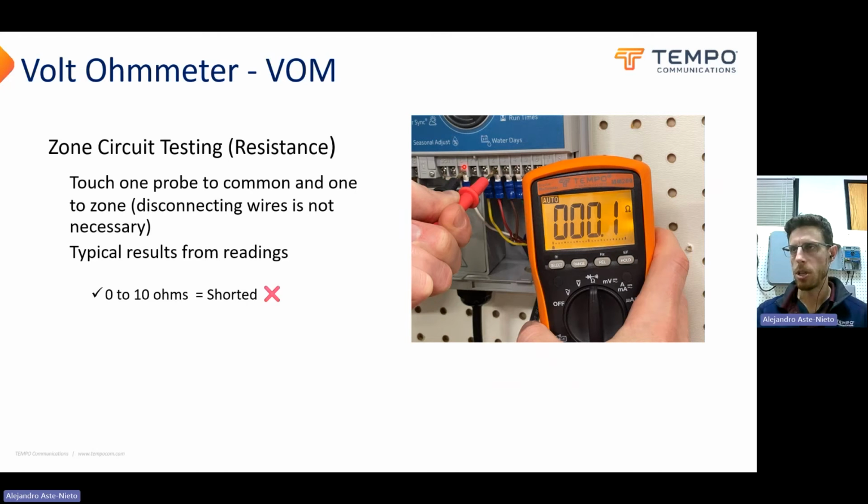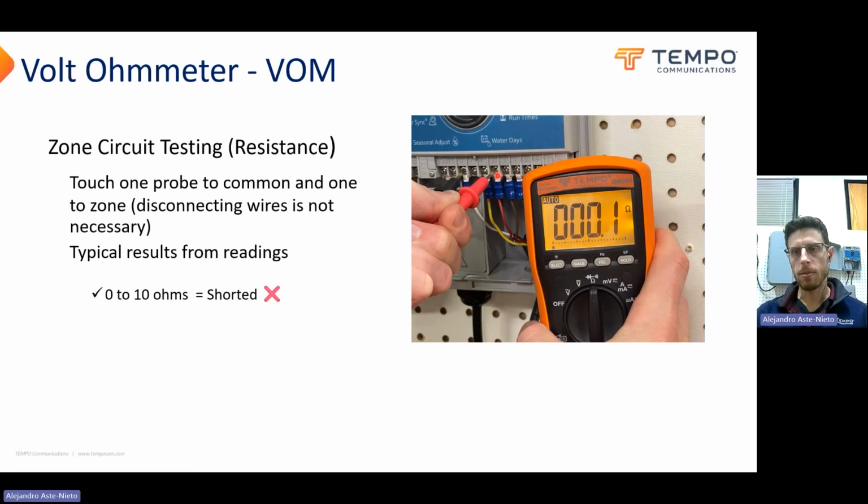As long as there's no voltage, we can touch our probes to the terminals for the common and whichever zone circuit you are checking while the multimeter is in resistance reading mode. And it will tell you the amount of resistance in the zone circuit out in the field, in the wires going out to the solenoid. So out one wire through the solenoid and back.